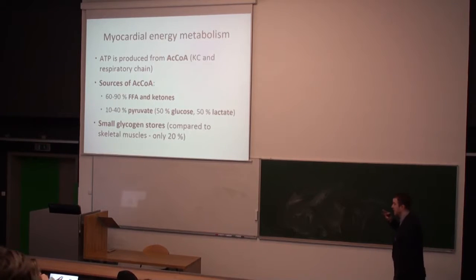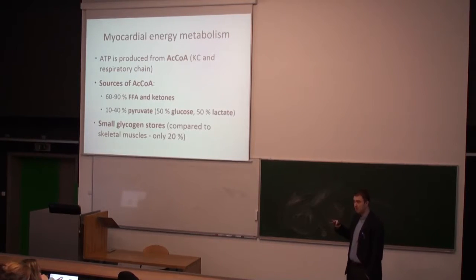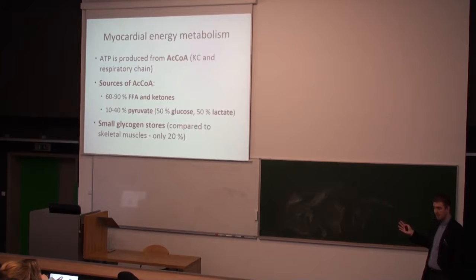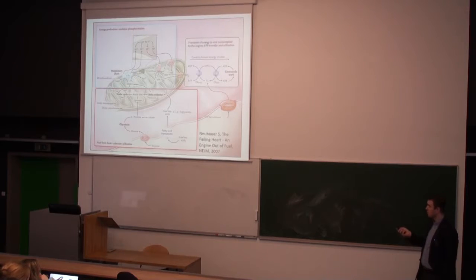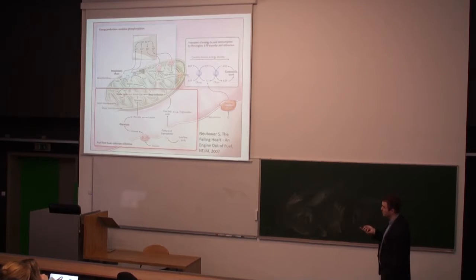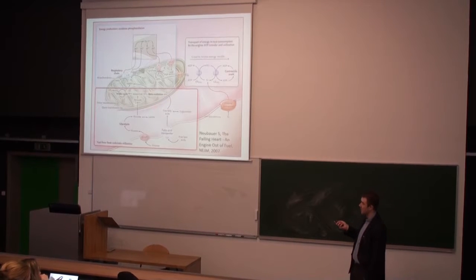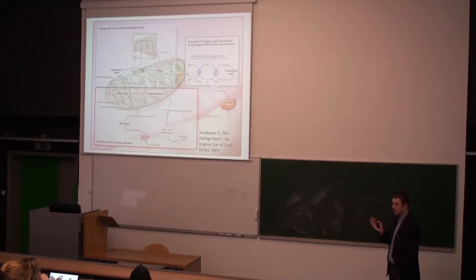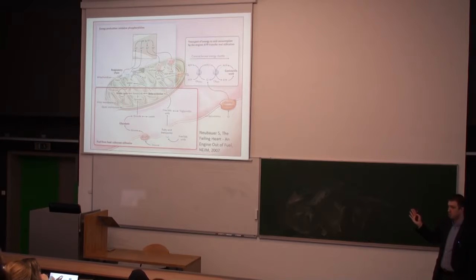You can read different numbers in different books. Somewhere you can see that it is 1/3 fatty acids, 1/3 glucose, 1/3 lactate. But I took this number from this article that reviews the energy situation in the failing heart compared to the physiological state. So this is the source, you can look at it.